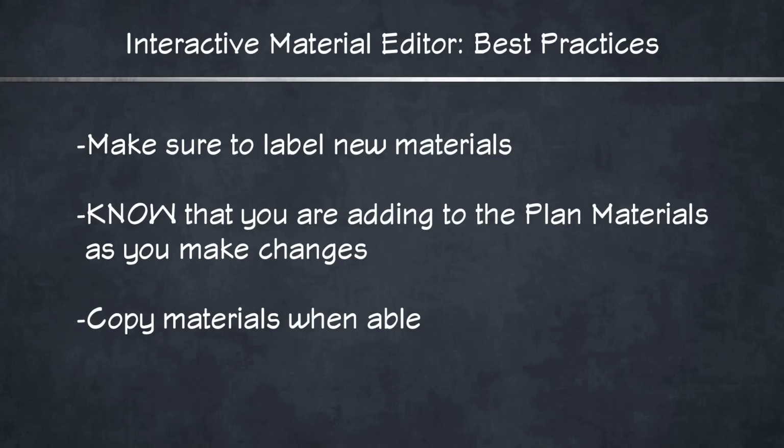You're going to have a whole bunch of copies of the same wood, the same tile, the more you play with it. And it can get really easy for things to get out of hand if you don't pay attention. You start moving stuff around willy-nilly. So if you can use a pre-existing copy of a material, I'd say use that, but just be super aware that you're going to bloat your plan up with a bunch of copies if you're not careful. And even if you are careful, make sure that you name those materials something appropriate, so when you come back in a year or two, you don't have to wade through materials named copy 2, wood copy 3.